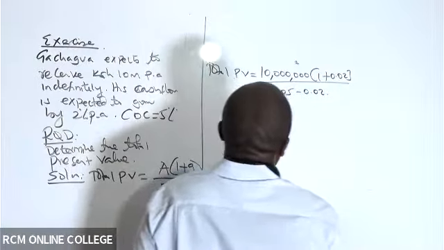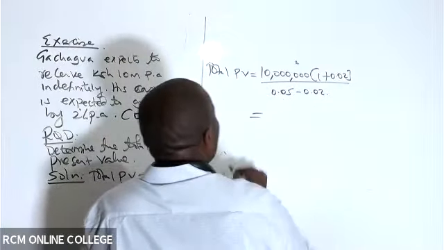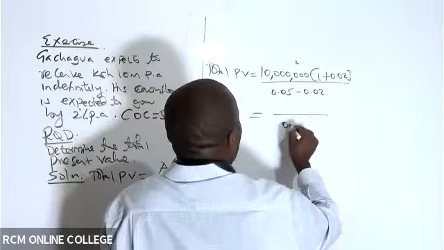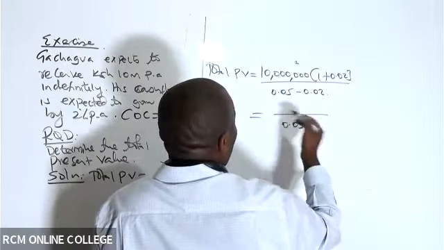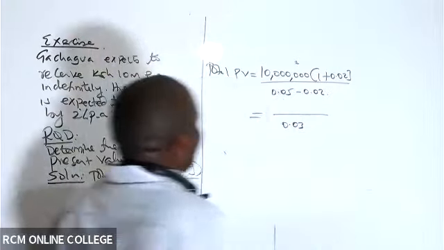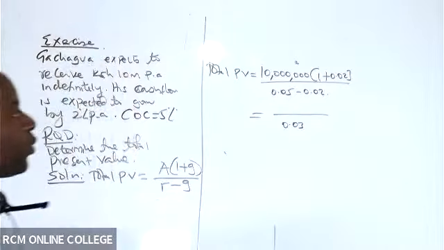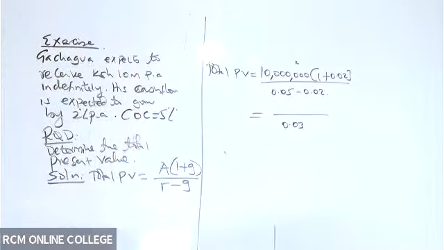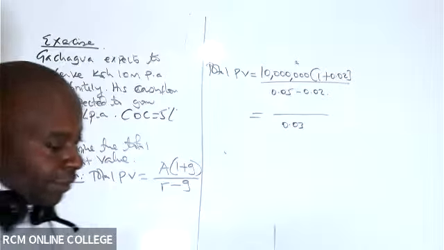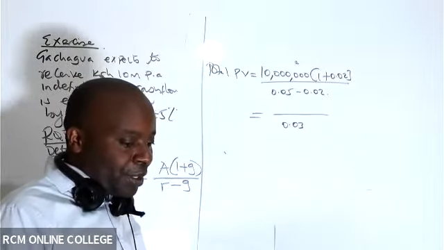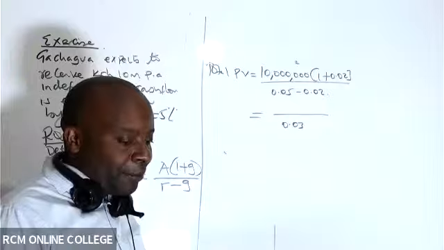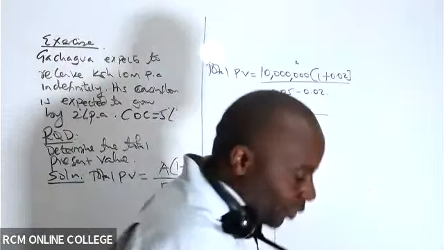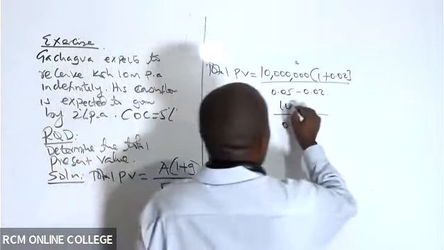Can you kindly go ahead and give me the figure? I know the denominator will be 0.03, but how about the numerator? Can someone tell me what 10 million times 1.02 will give me? It gives 10,200,000.